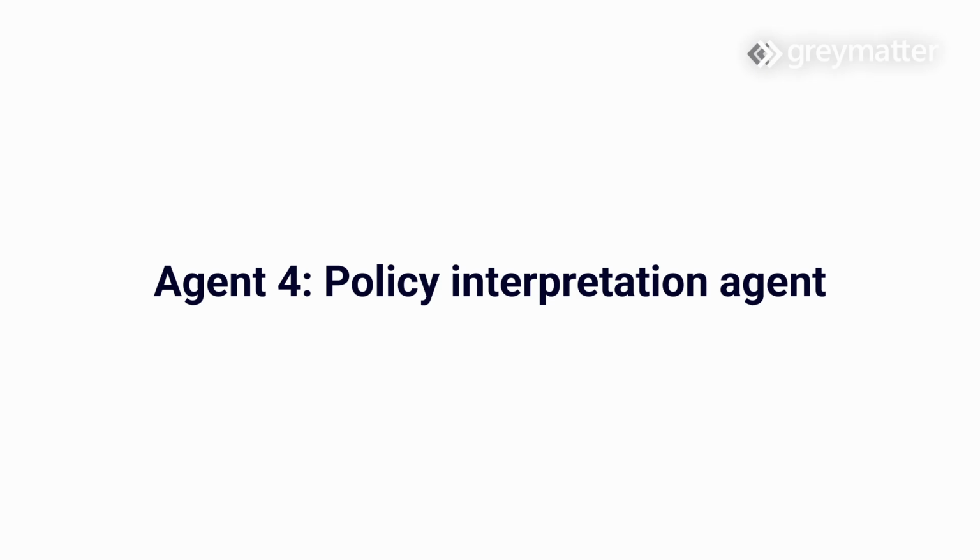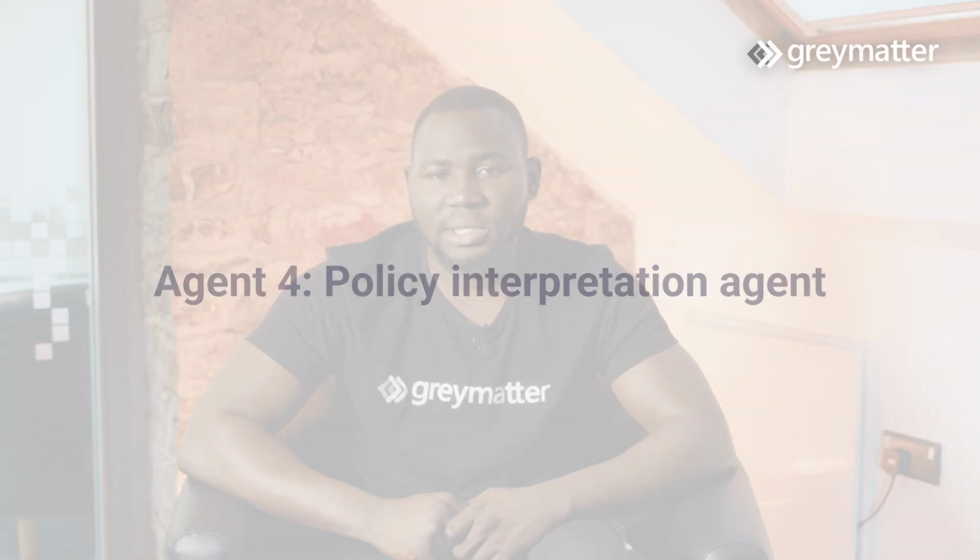Agent 4, Policy Interpretation Agent. The final agent focuses on clarity where decisions really matter. Accounting standards and internal policies can be dense and open to interpretation. This agent answers questions using your internal accounting policies and flags where judgment, review, or escalation is required.